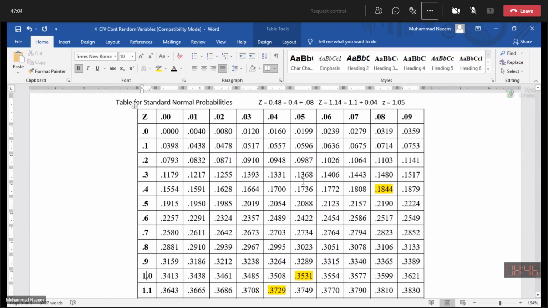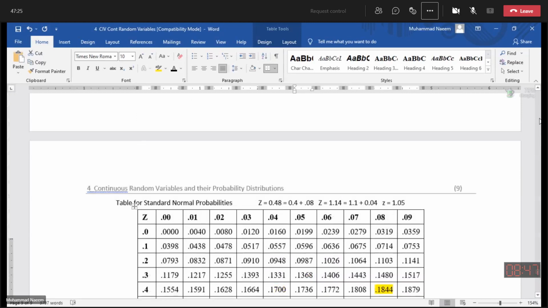So below 0.05 against 1.0, this will be the area corresponding to 1.05. Again, remember, this area is from center to this point. Then come to your requirement.